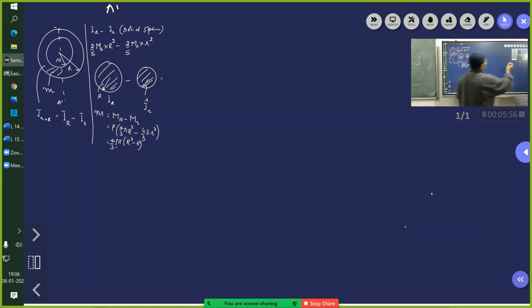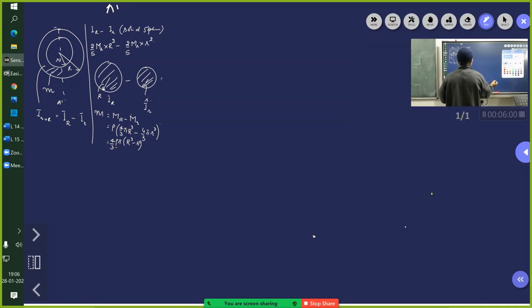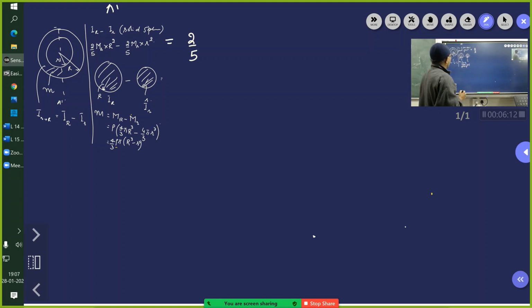The next step would be writing this equation here. This will give me 2 by 5, M_R minus M_r, in terms of this.